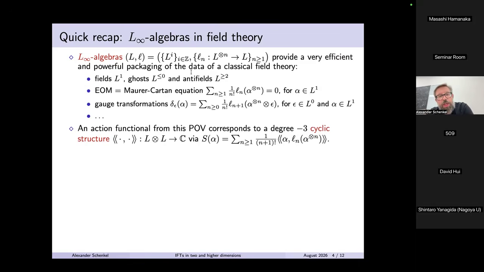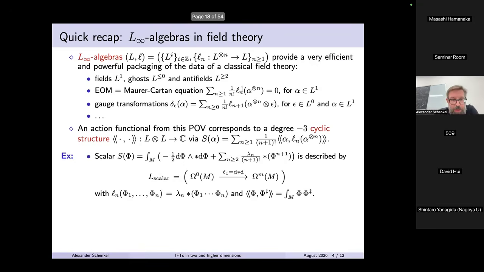And an action functional in this algebraic picture of L-infinity algebras consists of a certain bracket, called a cyclic structure, of a certain degree, namely degree -3 in my conventions, which allows you to pair two elements in the L-infinity algebra and produce numbers out of that. Now, from this cyclic structure, you can build an action. And when you vary this action, you indeed see that its equations of motion are the Maurer-Cartan equations.